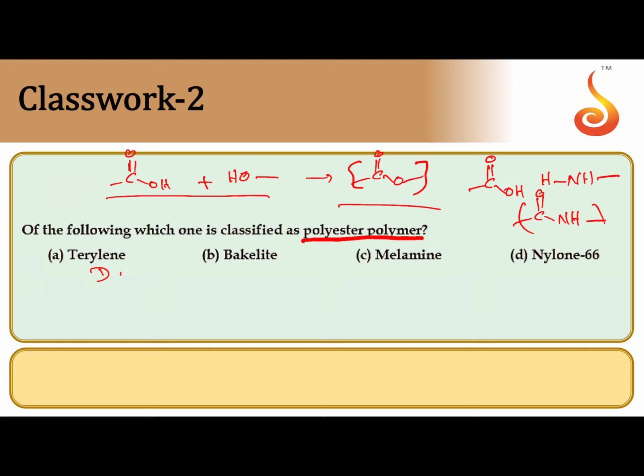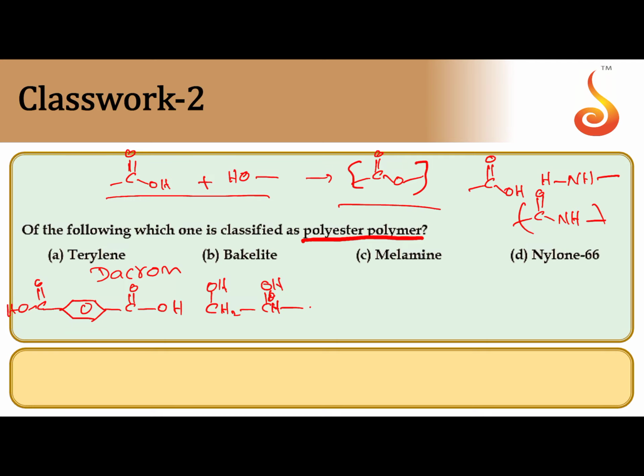Terylene, this is also called Dacron. This is formed by the condensation polymerization between terephthalic acid, benzene-1,4-dicarboxylic acid, and ethylene glycol, two monomers.